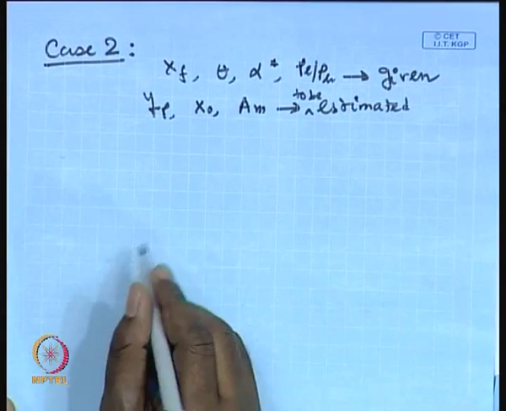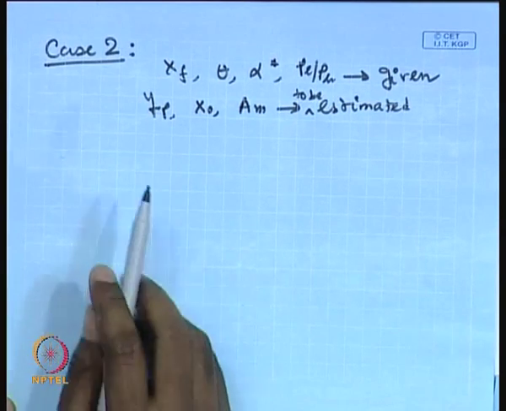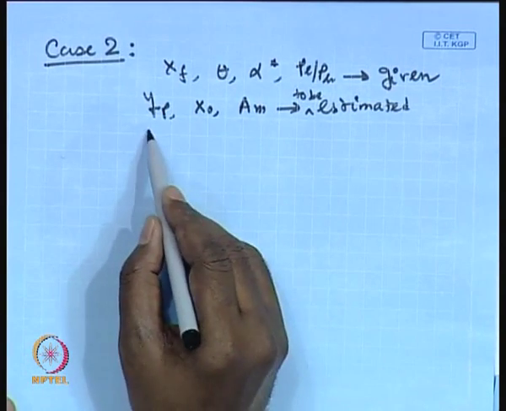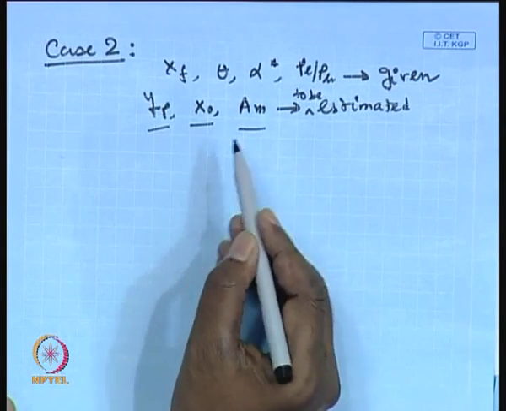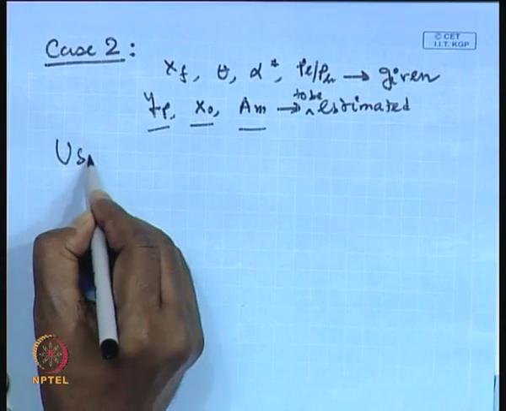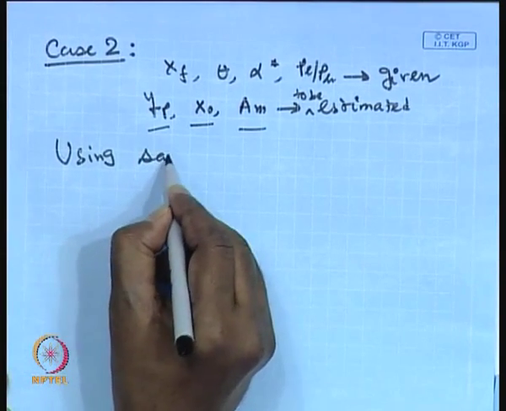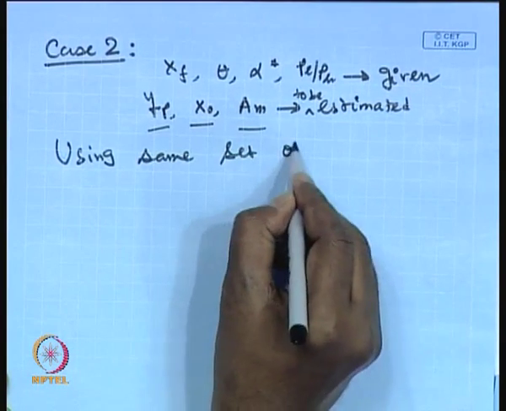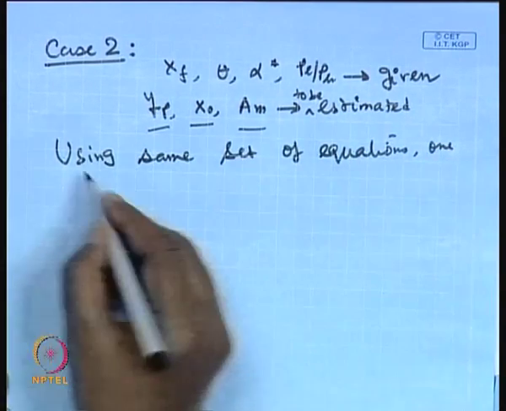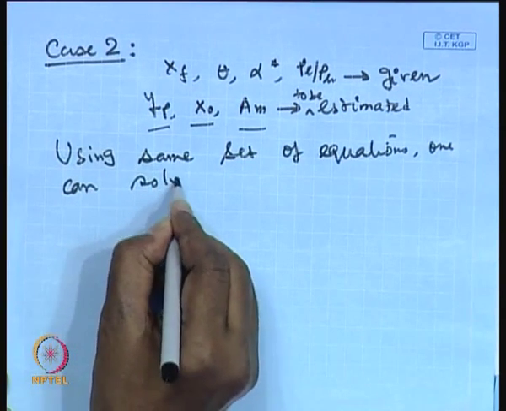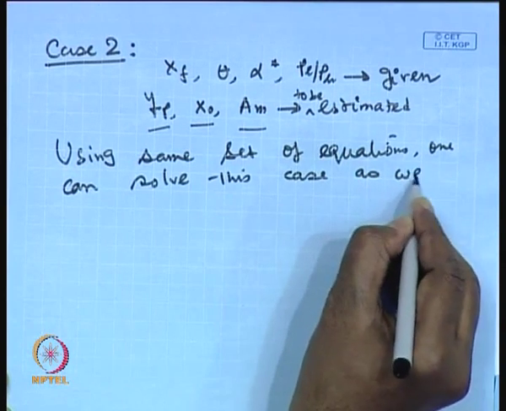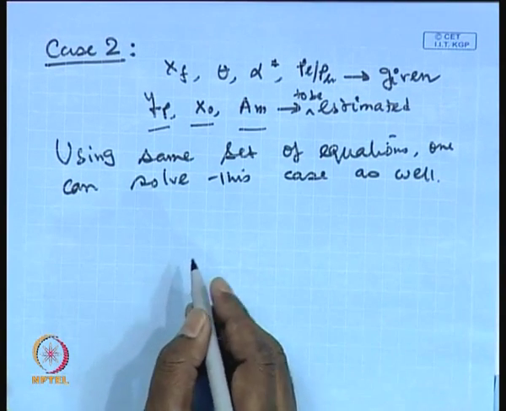Okay. Now, I am not going into detail. Using these equations, exactly like case number 1, one can find out the value of Yp, the value of x naught, and the value of Am, using the same set of equations. That means one can solve this case as well. Okay.